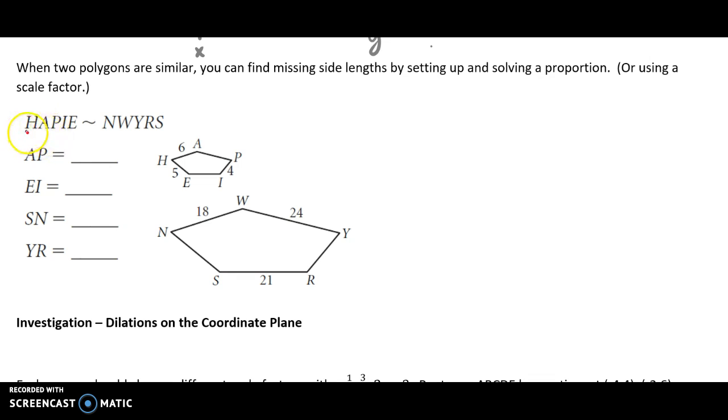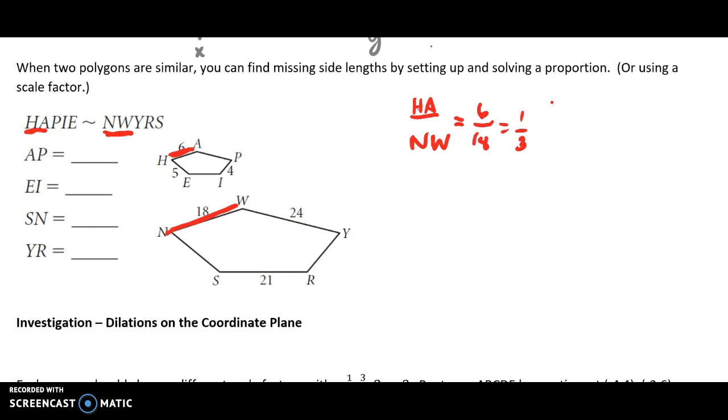So again, what I want to go back over is when we write a statement of similarity, very much the same as writing a statement of congruence, it tells us who corresponds to who. So if I look at the ratios, so HA and segment NW correspond, so their ratio is 6 to 18 or 1 to 3.